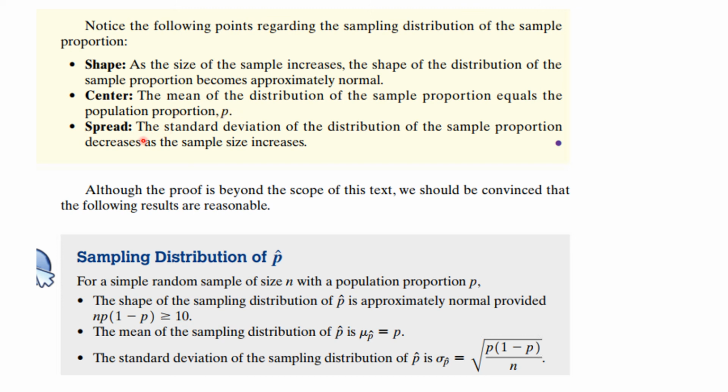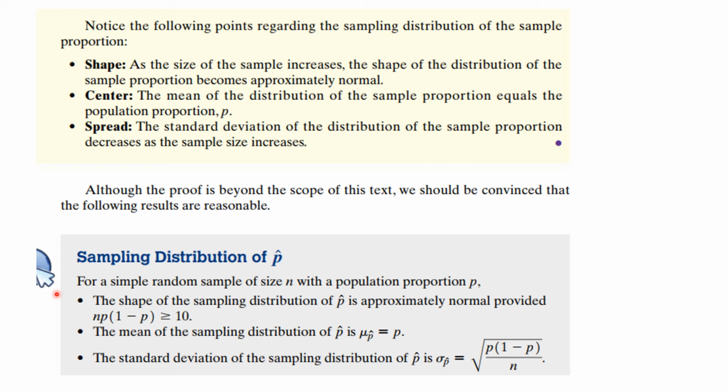And the standard deviation of the distribution of the sample proportion decreases as the sample size increases. We saw the same thing happen with the discussion we had about the sample mean. Although the proof is beyond the scope of this book, this is a result we're going to be using a great deal.